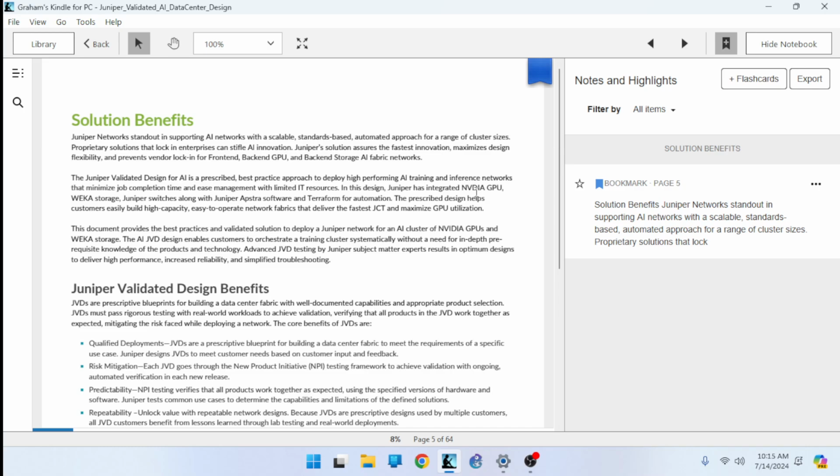Advanced JVD testing by Juniper subject matter experts results in optimum designs to deliver high performance, increased reliability, and simplified troubleshooting.